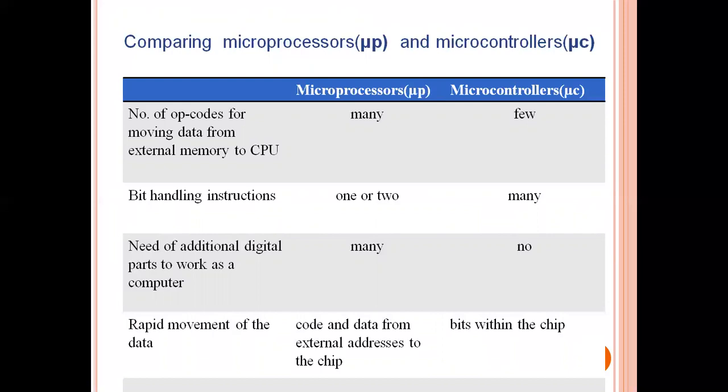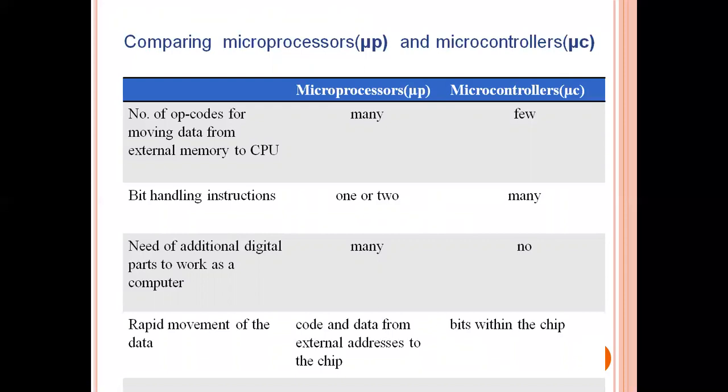Second parameter is bit handling instructions. Here, every CPU has a number of instructions. Some instructions handle bytes, some instructions handle bits. And the third parameter is the need of additional digital parts to work as a computer. So how many additional devices are required for the CPU to complete a computer? And the fourth one is rapid movement of the data.